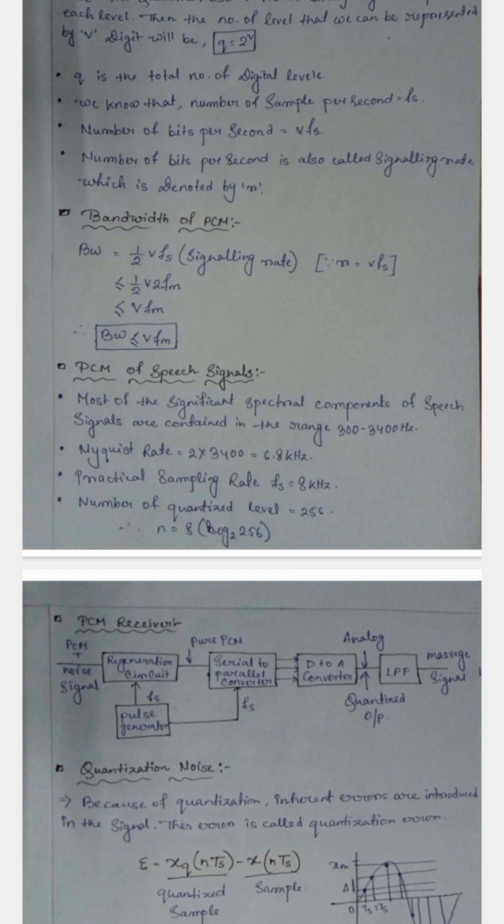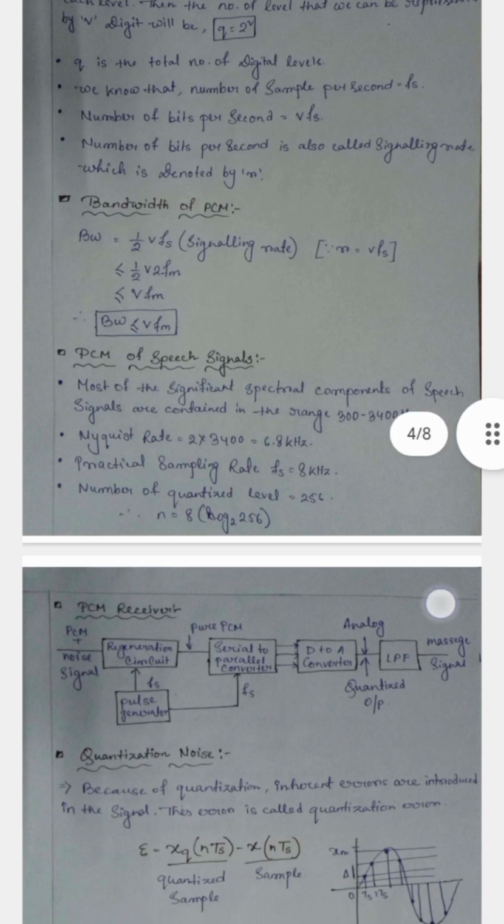We know the number of samples per second is denoted by Fs, and the number of bits per second is the multiplication of the number of binary digits and the number of samples per second, that is V into Fs. The number of bits per second is also called the signaling rate, denoted by R.